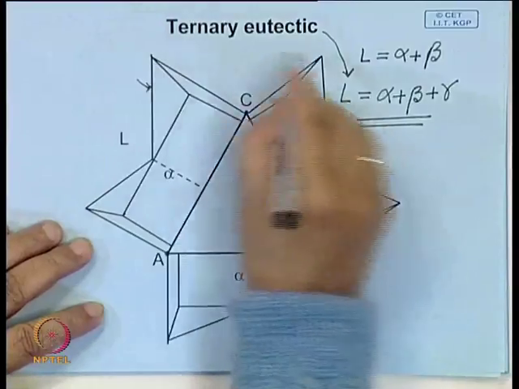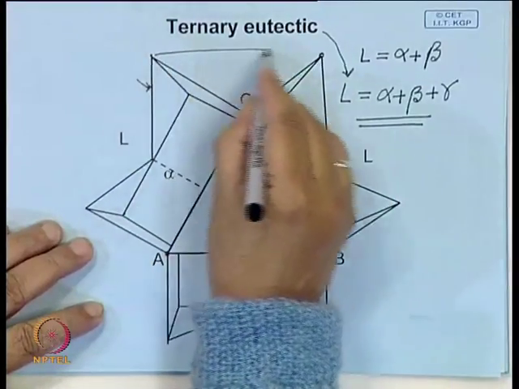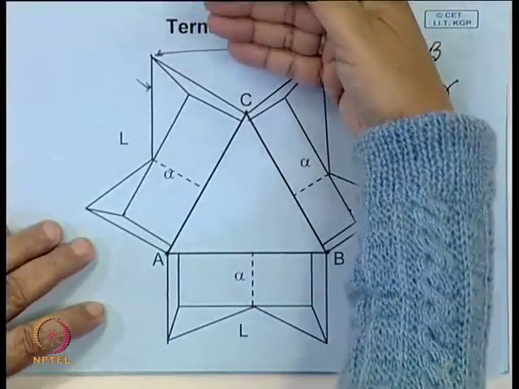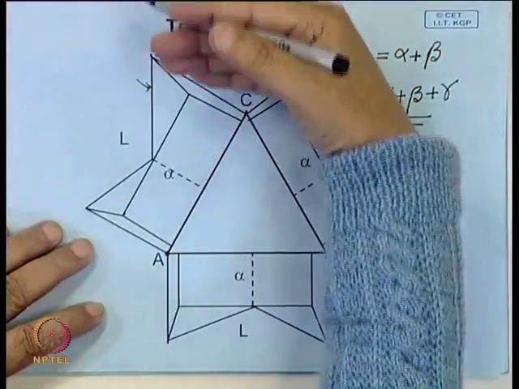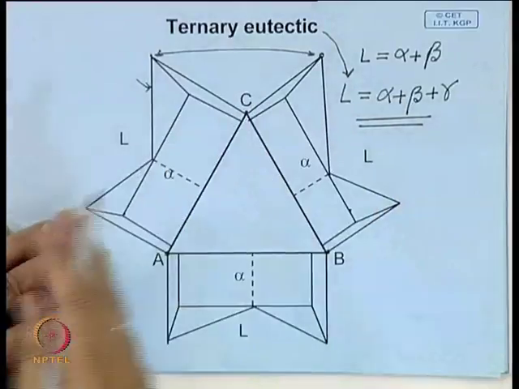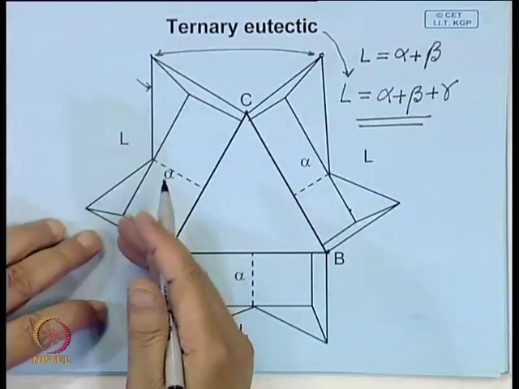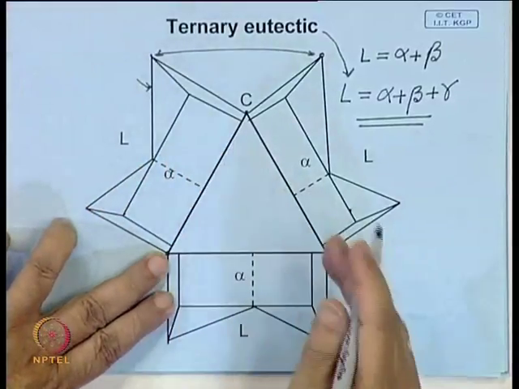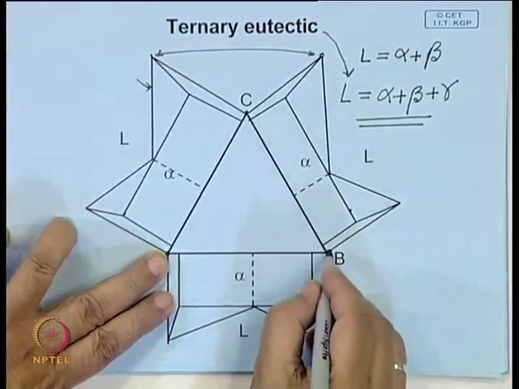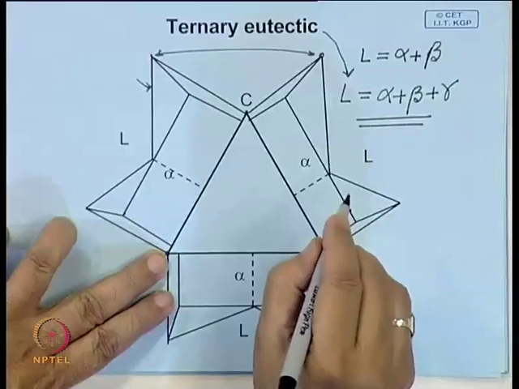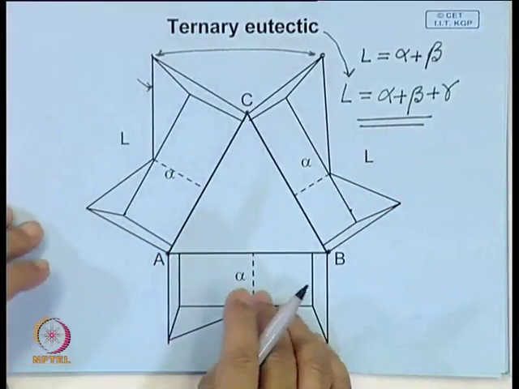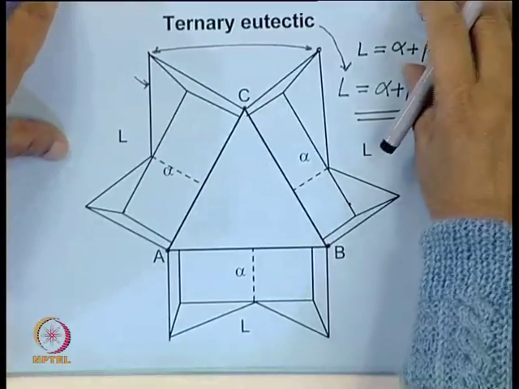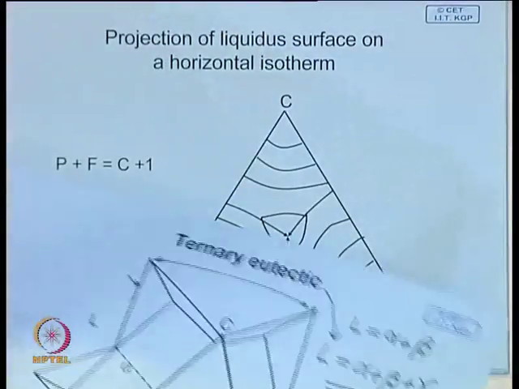Now, this point will join with this. So, one liquidus surface will drop down from that vertex C, like this. Similarly, another liquidus surface will drop down from the vertex at A, and the third one from the melting point of B, and they will all meet at the eutectic point, which is shown here.